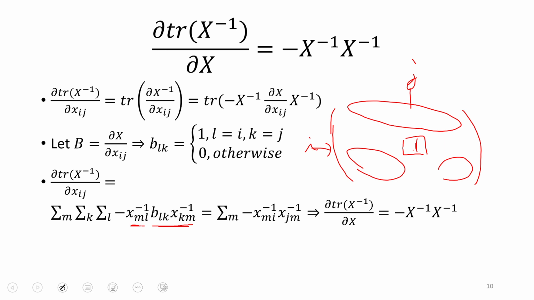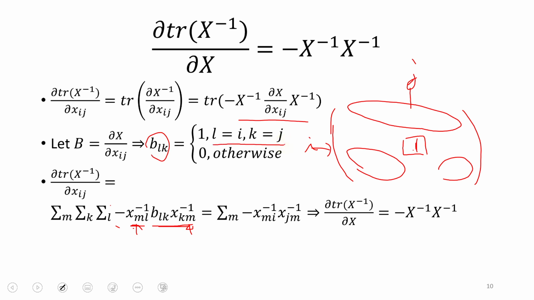Since we are looking for the trace, which concerns the diagonal, we let this m equal to this m. We sum them out, and that'll be a trace. Don't forget there's a negative in front. So this is the trace of this; you expand it out, it's going to be this. Now B_lk is only 1 when l is equal to i and k equal to j.